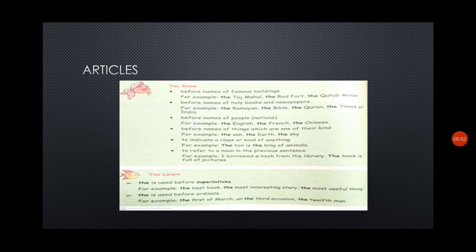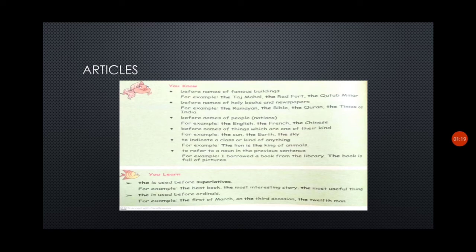The is also used to indicate a class or kind of anything. For example, the lion is the king of animals. Now, when we talk about the lion, that means we are talking about the whole group of lions, okay, or the whole race, all right. So, we are talking about a class or kind.